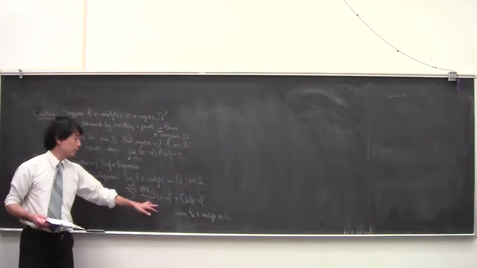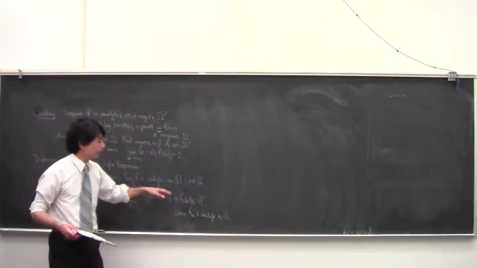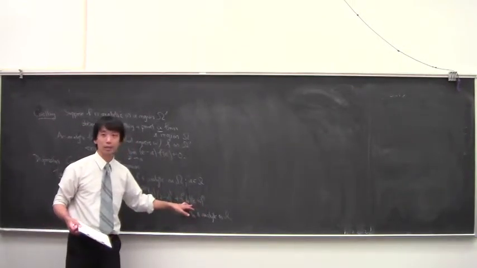So this first part is the first n terms of the Taylor expansion, and then you have (z minus a)^n times an analytic function.